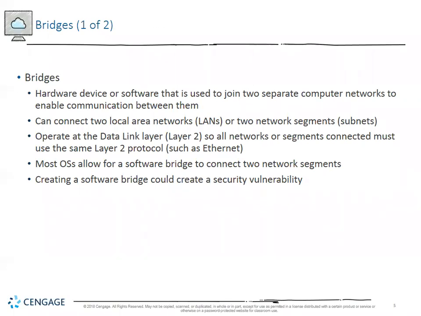It connects 2 areas together. Not necessarily different states or anything, but you always have bridges over water to connect them together. Well, bridges were used a lot to connect networks together. Not seen a lot anymore. We really just have routers now and switches, because switches can take over for that. It says it can connect 2 local area networks or 2 different network segments.